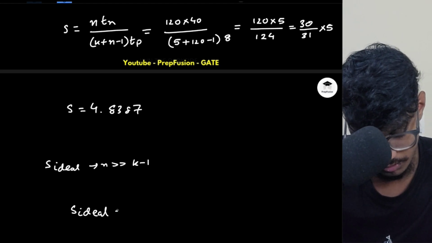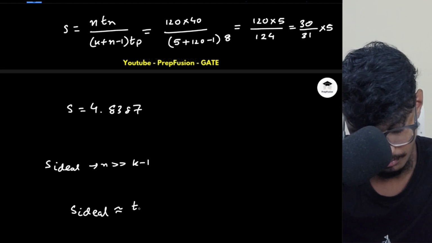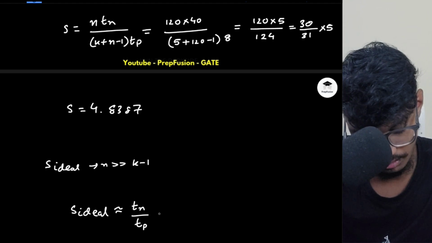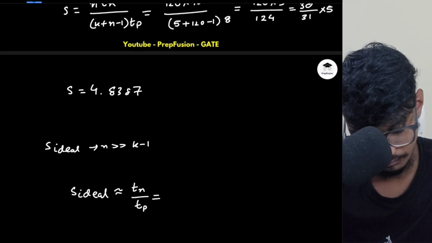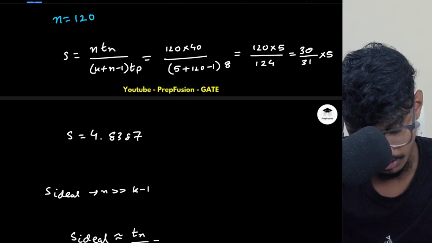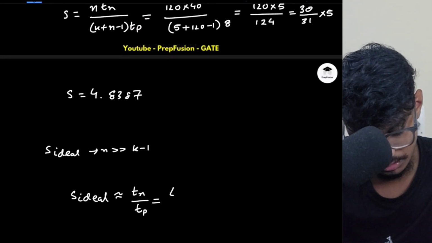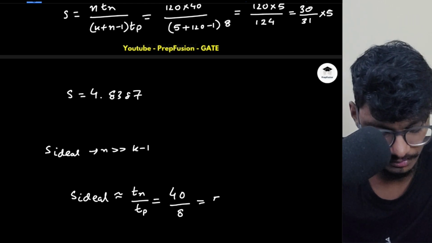Tn is 40 and Tp is 8 nanoseconds. So 40 by 8 simply becomes 5.